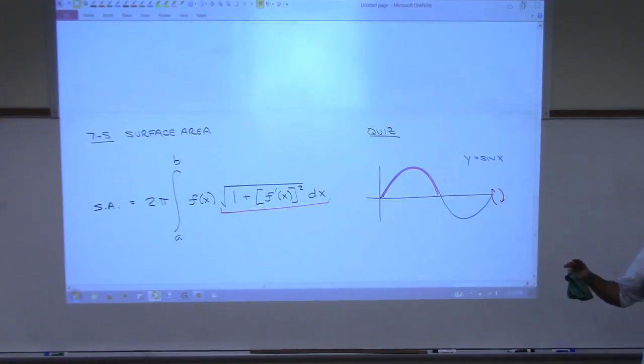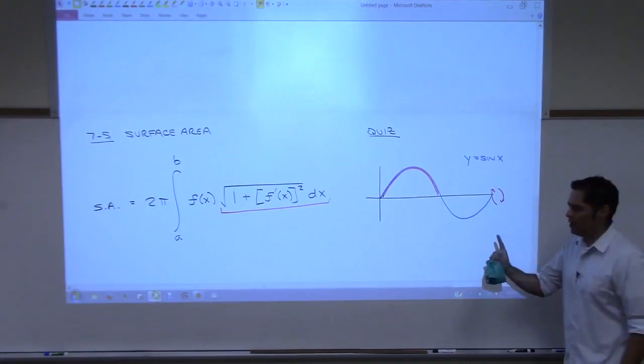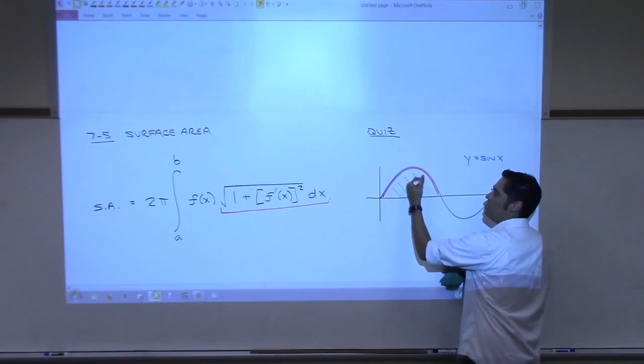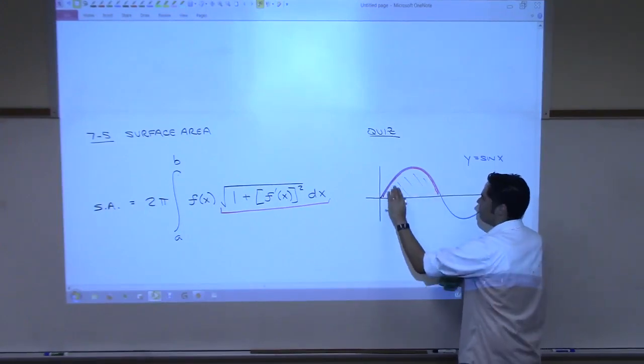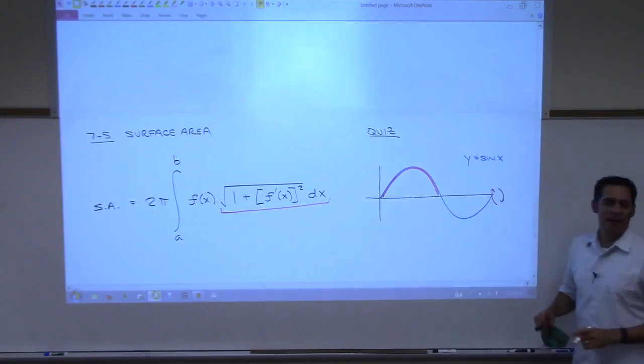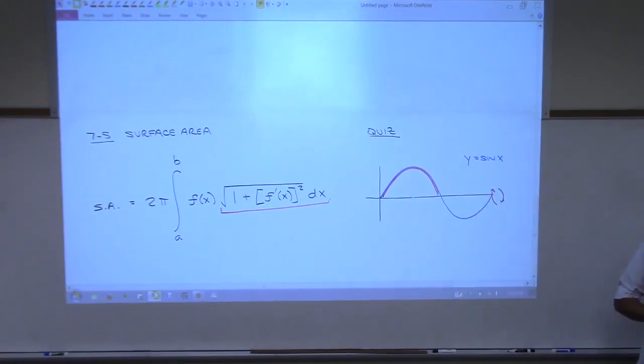I don't want to know its volume, because that would be me asking you to take the whole region and wrap it around. That's not what I want. I just want the arc wrapped around, hollow inside. What's the surface area?